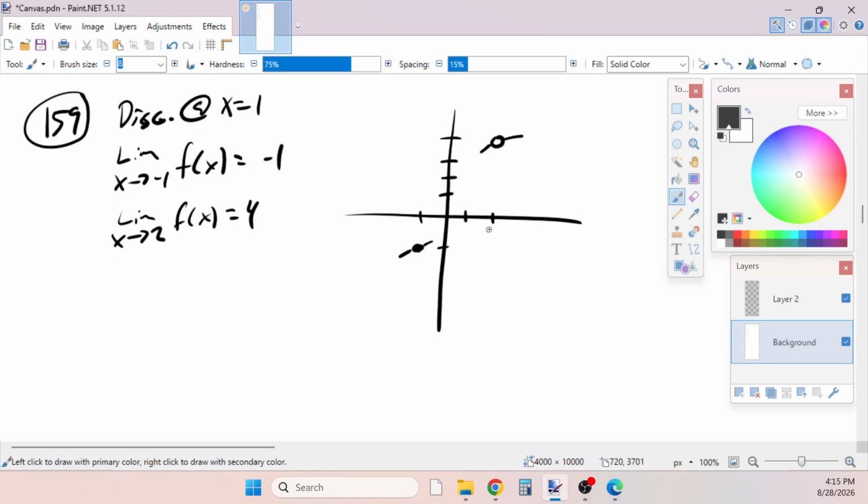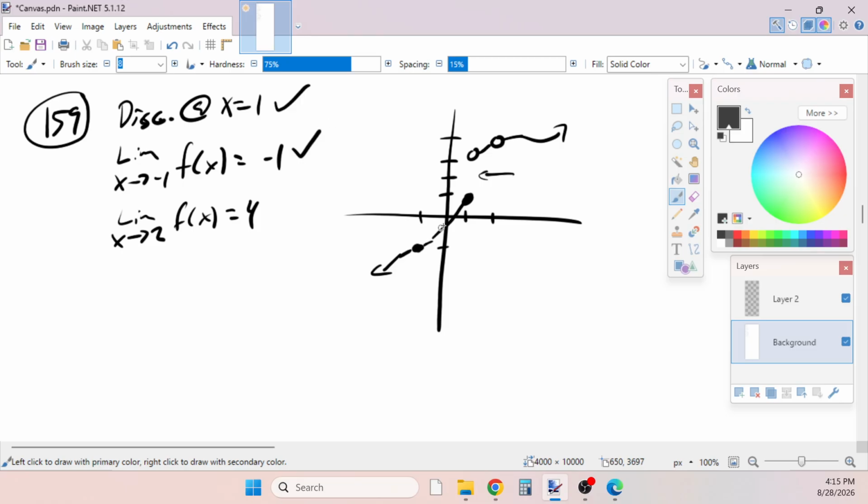Then it says discontinuous at x equals 1, so I'll do a jump discontinuity. There's my function. There's my jump discontinuity.